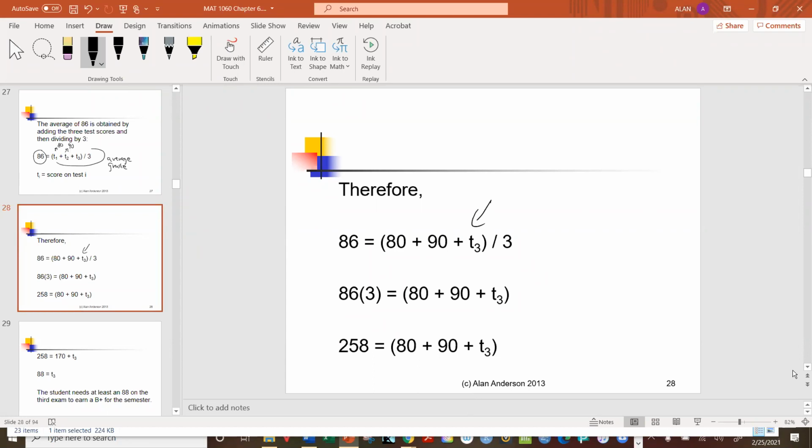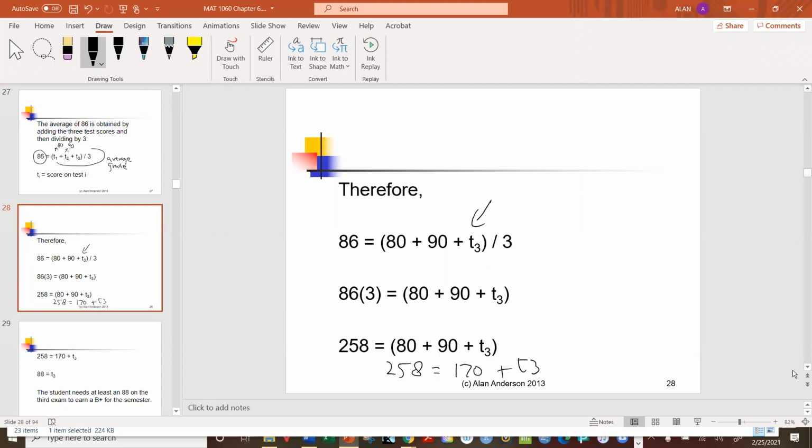So because the right-hand side is being divided by 3, we can basically get rid of that by multiplying both sides by 3, and we end up with 86 times 3 equals just whatever's in these parentheses. So 3 times 86 is 258. Now we can drop the parentheses, and then we're going to wind up with 258 is 170 plus T3.